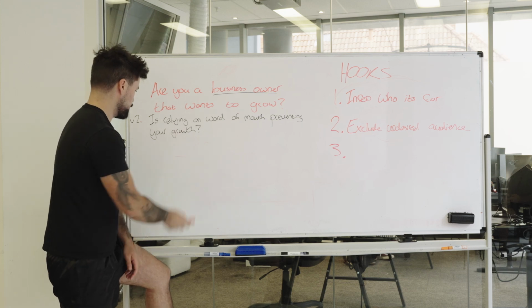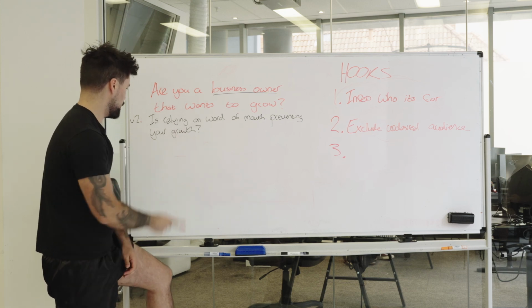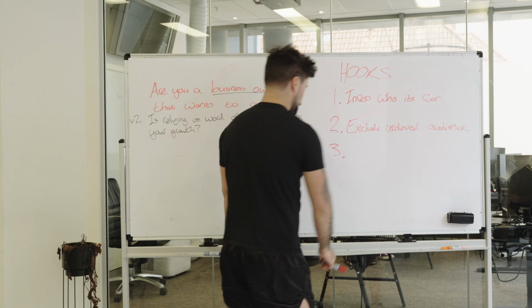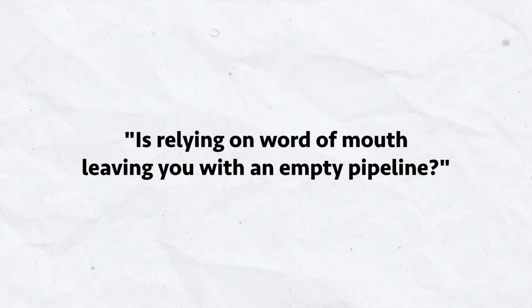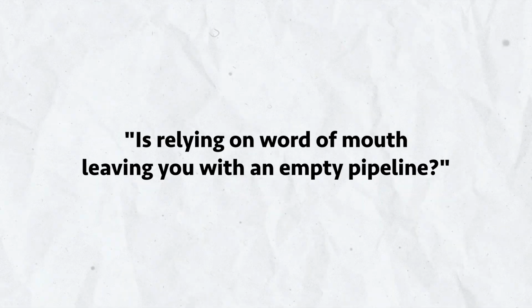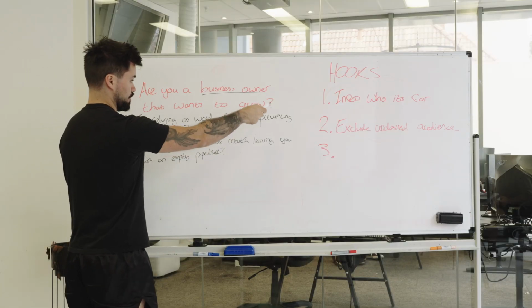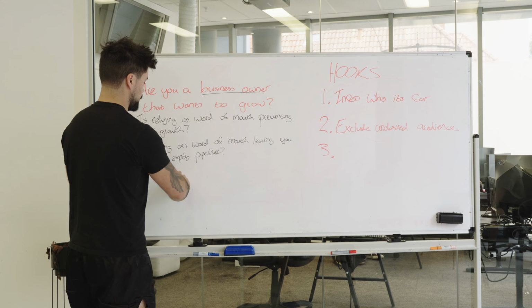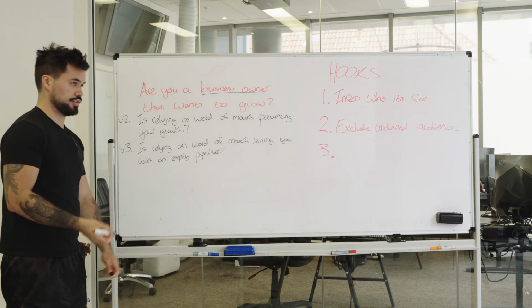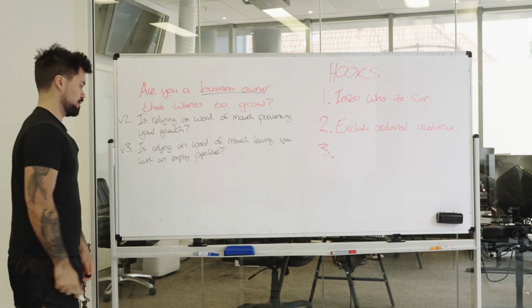Instead of growth, because all business owners want growth, we can talk about the pipeline. So version 3 could be, is relying on word of mouth leaving you with an empty pipeline? Now, we know that it's for business owners and specifically for service-based business owners, because an empty pipeline is a problem specific to service-based business owners.